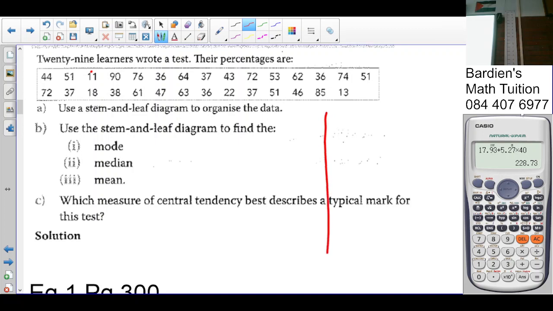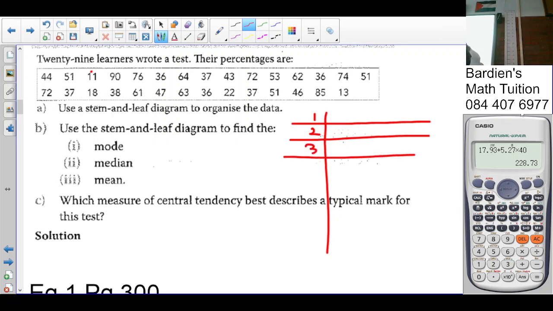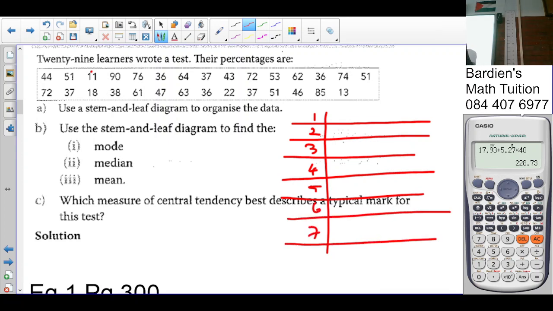So your stem is of course going to start with 1, 2, 3, 4, 5, 6, 7, 8, 9. Not so? So 44, it's a 4 and a 4. Not so? 51, a 5 and a 1, and so on. You all agree with that?